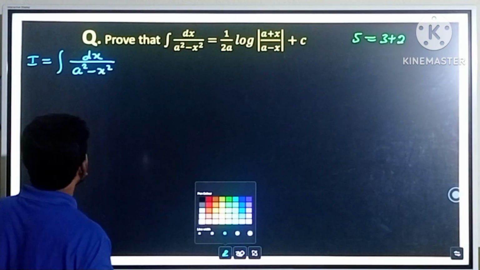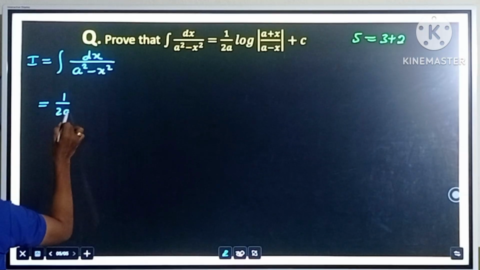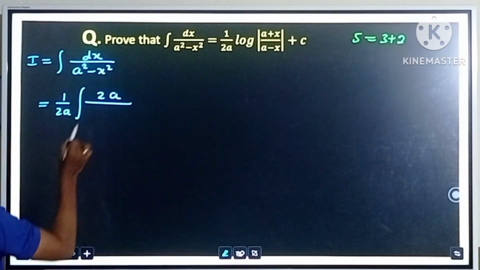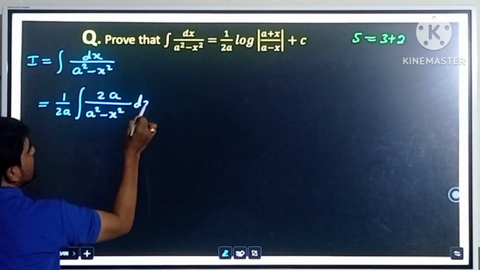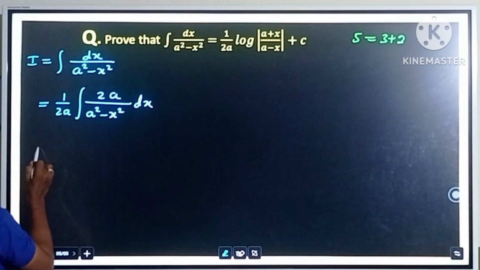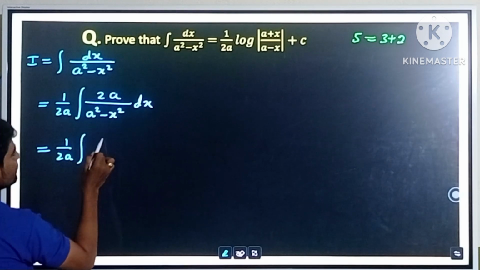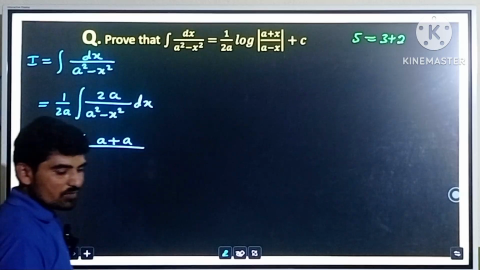Firstly, for this integral, divide by 2a and multiply by 2a divided by a square minus x square with respect to x. In the first step, I divided and multiplied by 2a, and then it is equal to 1 by 2a into 2a, which can be expressed as a plus a, divided by a square minus x square.